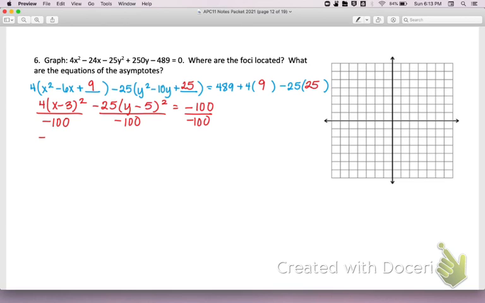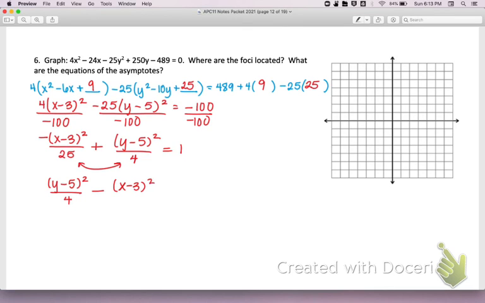So what we have now is negative (x minus 3) squared over 25 plus (y minus 5) squared over 4 equals 1, which means we need to do a little switcheroo right here, and we'll end up with (y minus 5) squared over 4 minus (x minus 3) squared over 25 equals 1.